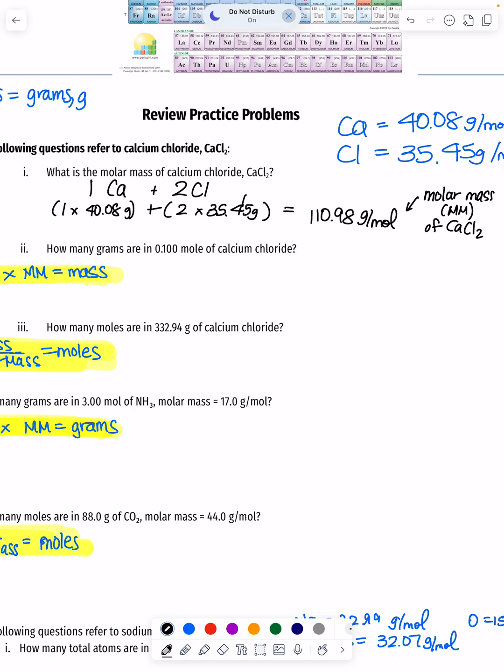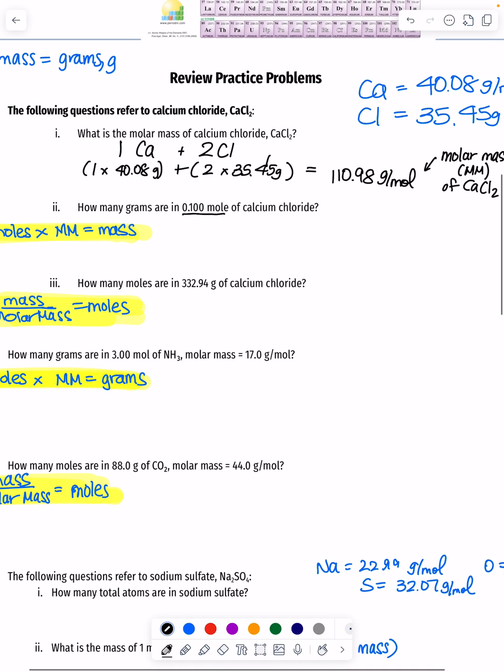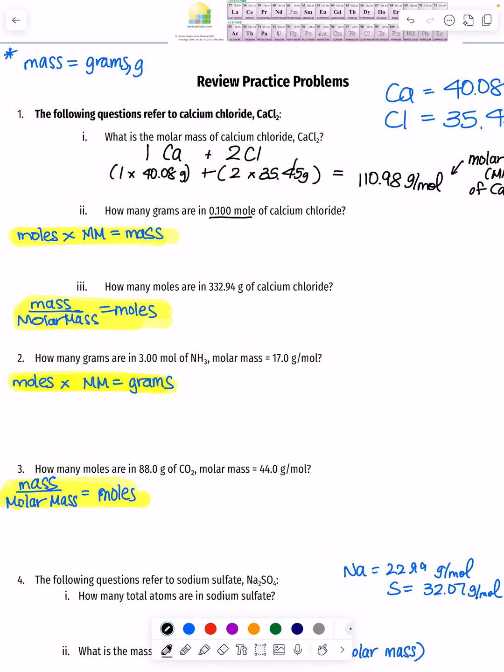Okay, so now the next one says how many grams are in 0.1 mole of calcium chloride. So I'm given 0.1 mole of calcium chloride. The equation that we need to use is moles times the molar mass will give me the mass, which is grams, by the way. If something's asking for mass, it's asking for grams.